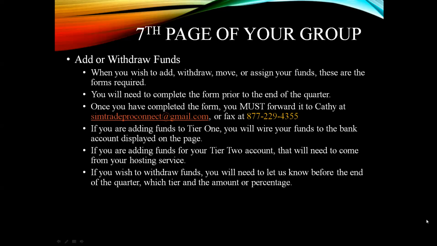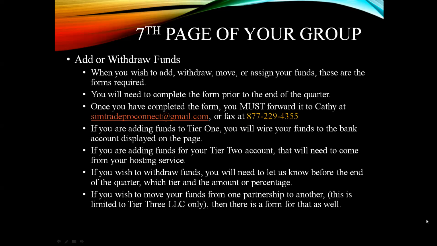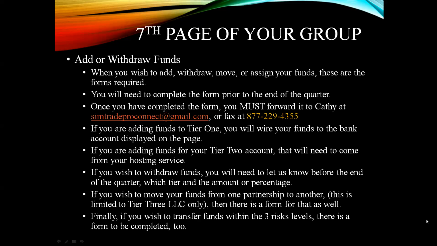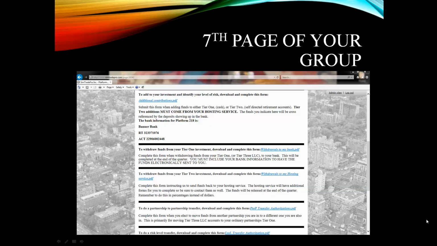If you wish to withdraw funds, you will need to let us know before the end of the quarter which tier and the amount or percentage. And if you wish to move your funds from one partnership to another, and this is limited to Tier 3 LLC only, then there's a form for that as well. And finally, if you wish to transfer funds within the 3 risk levels, there's a form for that to be completed too.